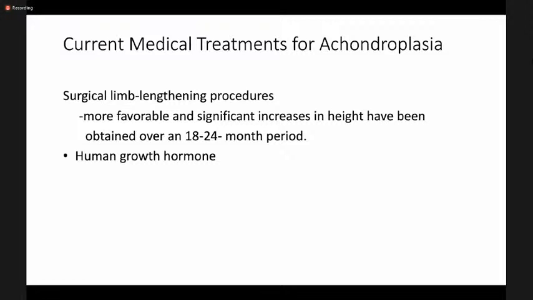More favorable and significant increases in height have been obtained, but of course it's over a long period of time, 18 to 20 months, that's a whole 2 years period. So you can see it's quite a lengthy procedure and follow-up.